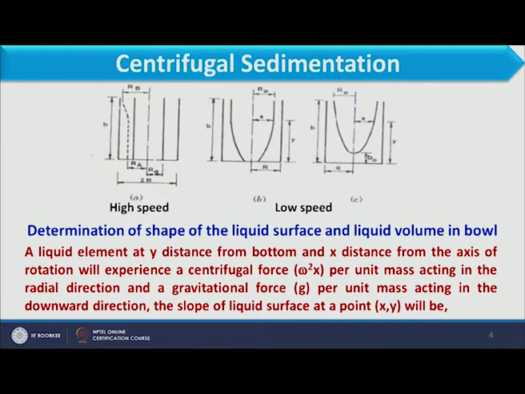However, this element will also experience gravitational force, that is g per unit mass, which will act downward. So, the slope of the liquid at this particular point x and y can be defined as dy by dx, which is equal to omega square x by g.